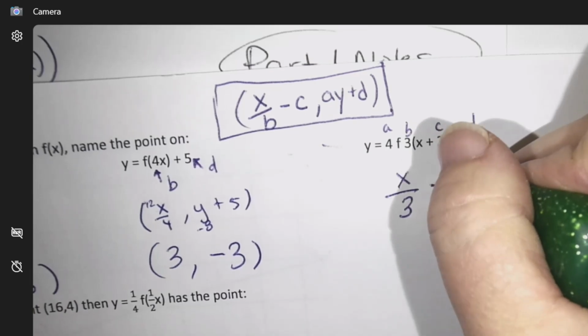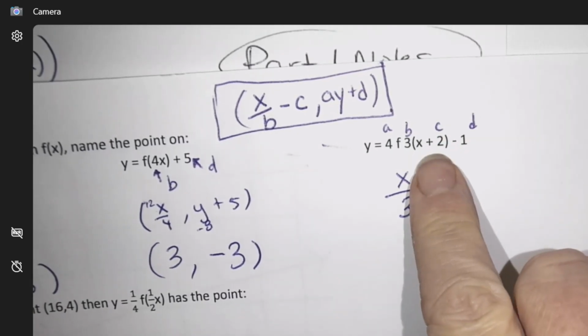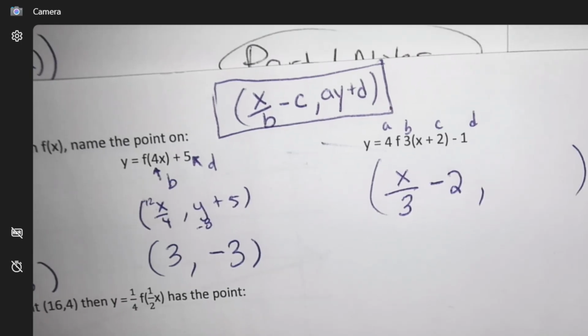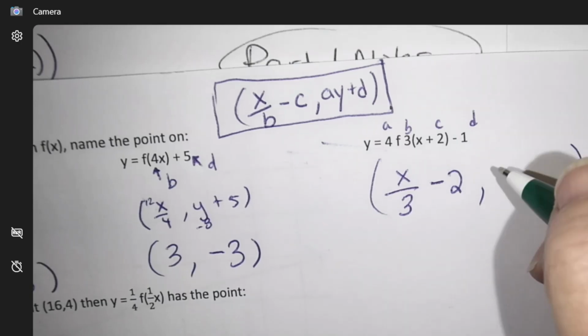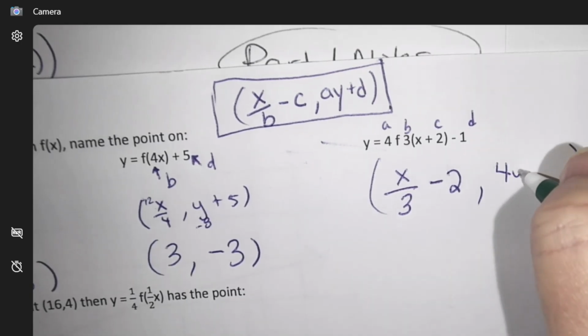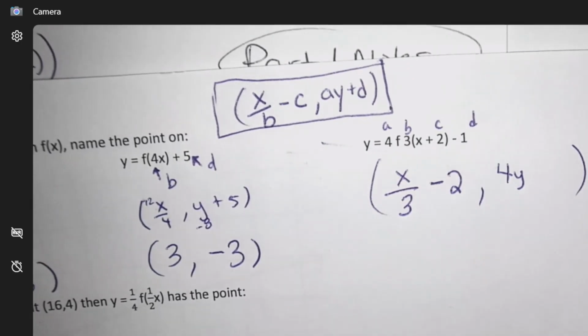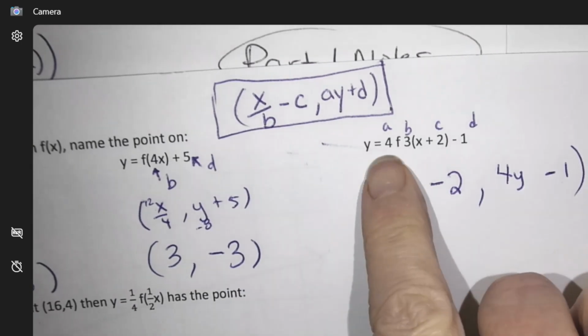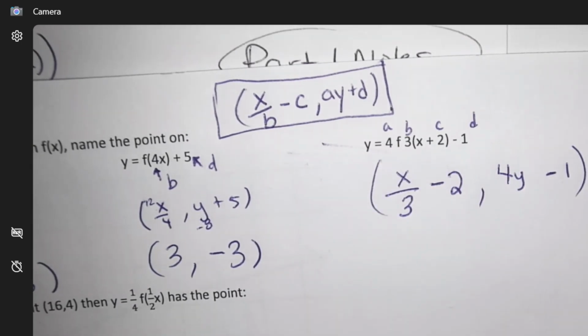And then there's going to have to be a subtract 2 instead of an add 2, right? So that was all my opposite stuff. Now for the Y, I'm going to have to times it by 4, and I'm going to have to subtract 1. So now I'm doing the sames.